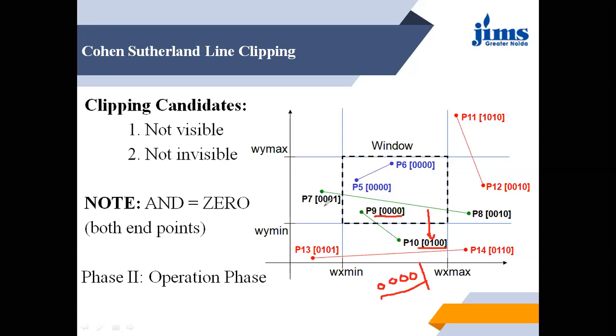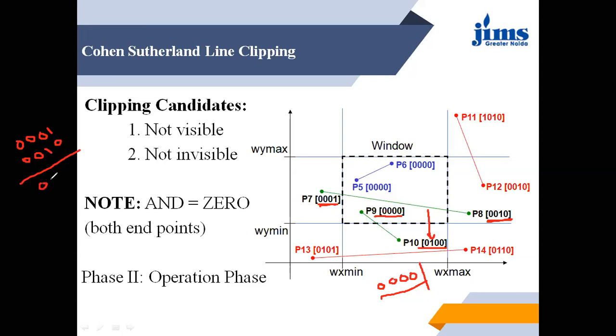The region code of P7 is 0001, as you can see from here, and the region code of P8 is 0010. When we perform an AND operation between these two, we get 0.